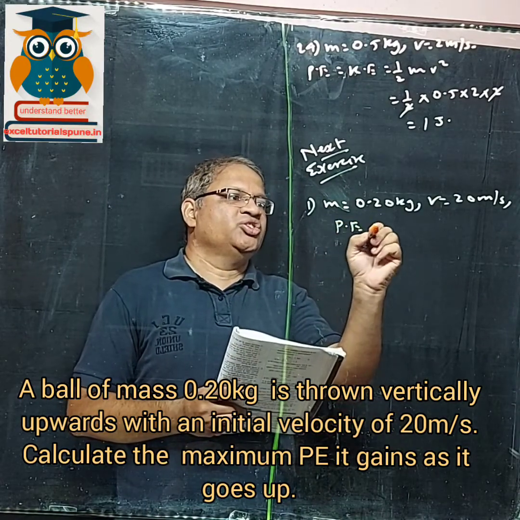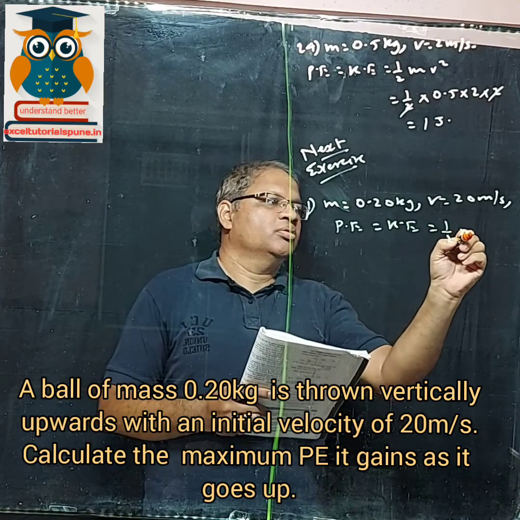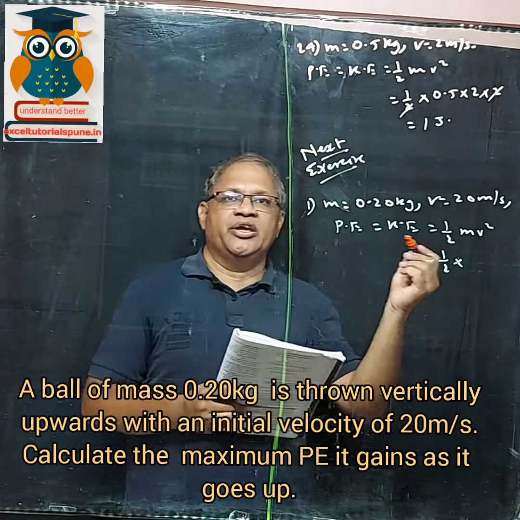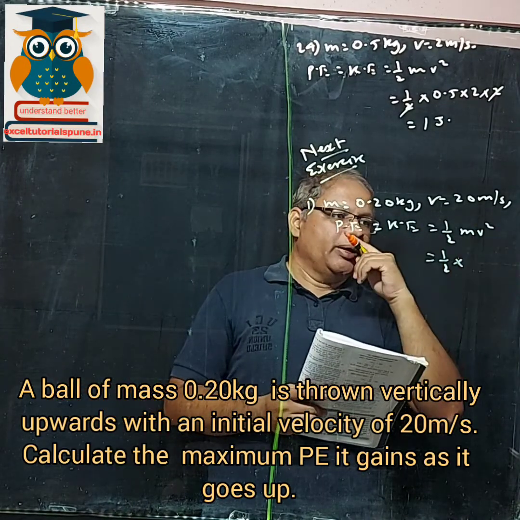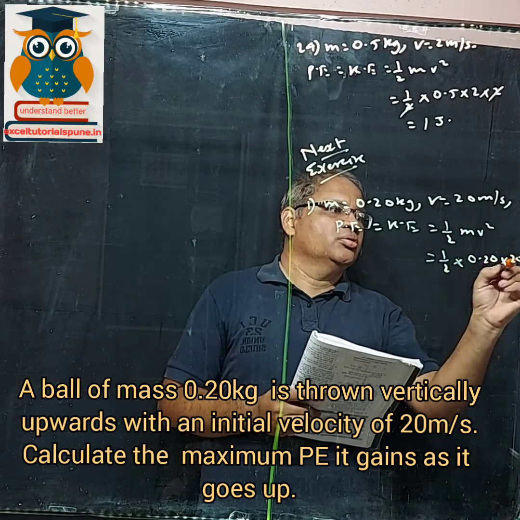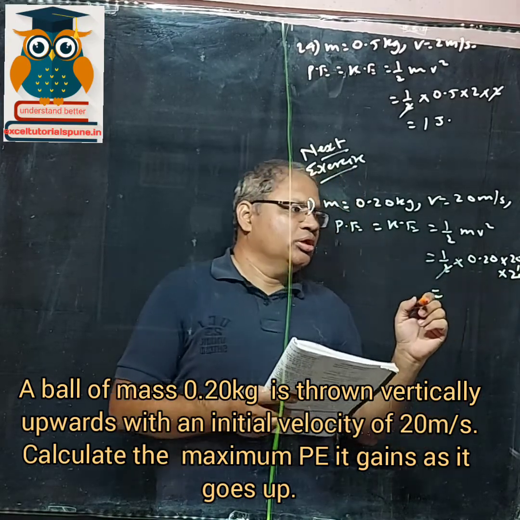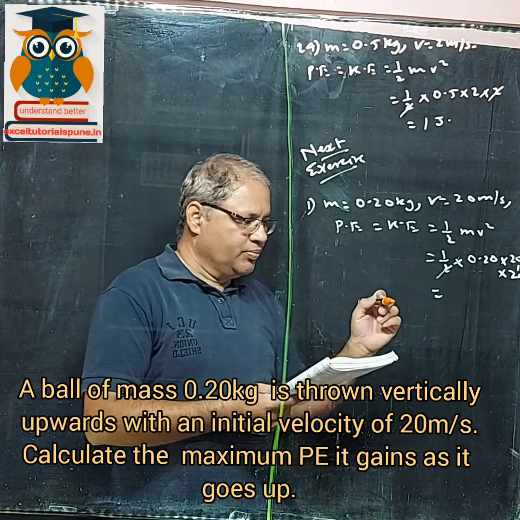So potential energy, instead of mgh I am using half mv square. I just told you that potential energy, kinetic energy, they are energy and the formulas can be interchanged. So it will be 40 joules.